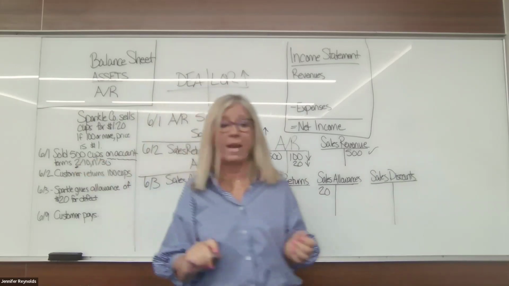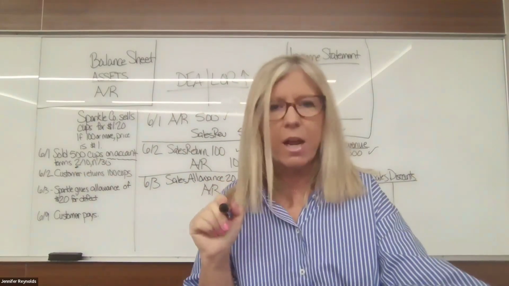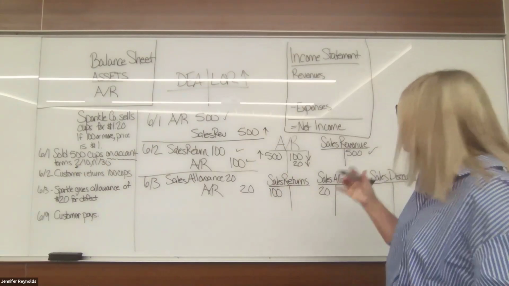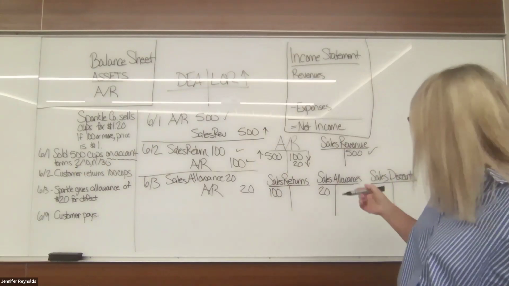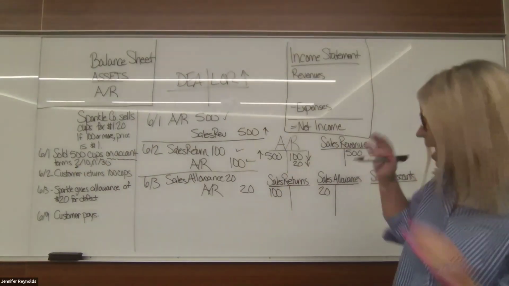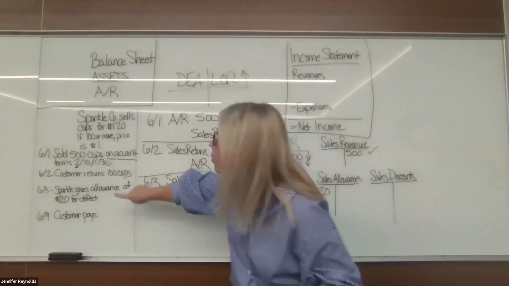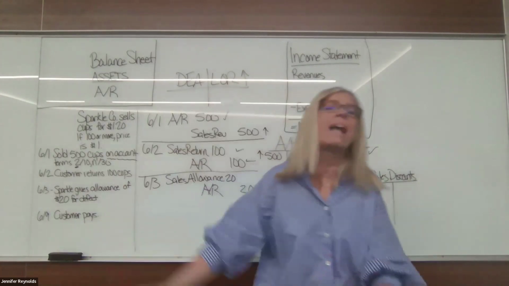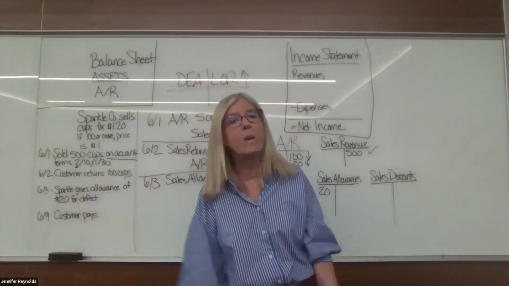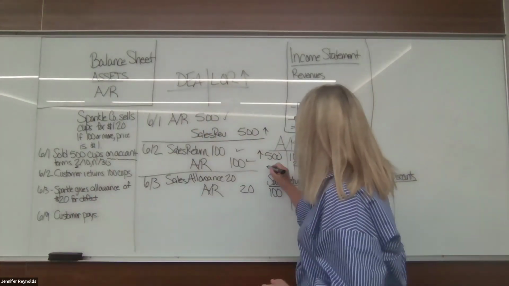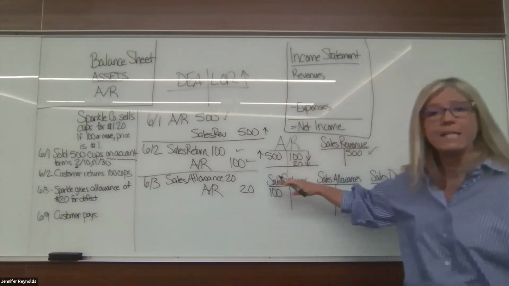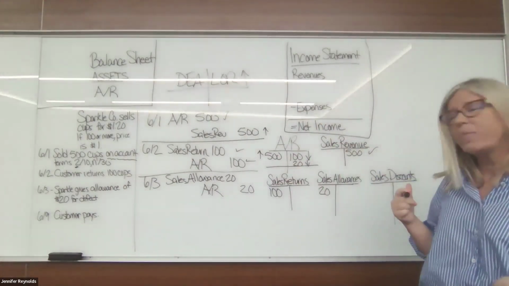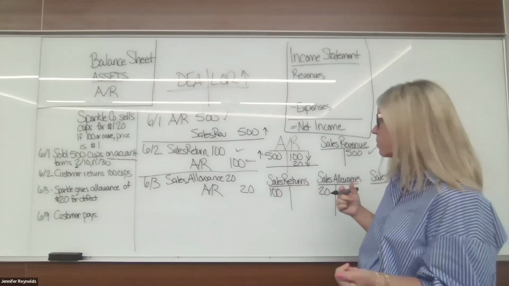2% if they paid back in 10 days. 2% of what? That's where our T account comes in handy. 2% of what is owed at this point, not 2% of 500, because the customer brought some cups back and already got a $20 discount. Can you quickly look at that and tell me what the customer owes Sparkle?